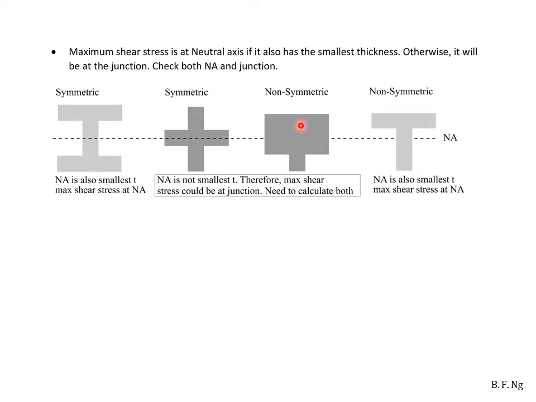Over here, the neutral axis itself is not the minimum thickness T. Therefore, maximum shear stress may be at the neutral axis or maybe at the junction. We'll need to calculate both. For this T shape here, because the neutral axis is also at the smallest cross-section, the maximum shear stress is over here at the neutral axis.